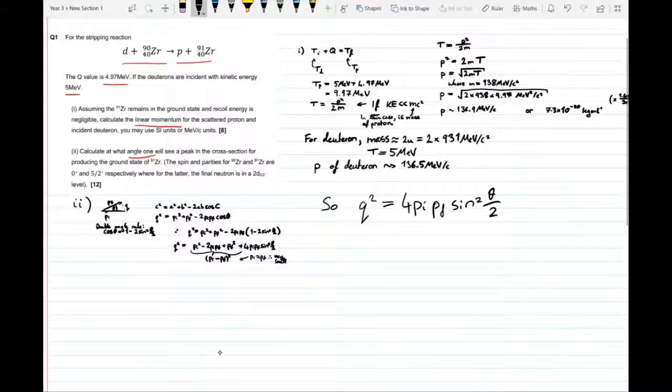And if we make the assumption that pi is roughly pf, which is equal to p, we can reduce this equation to q equals 2p sine theta over 2.